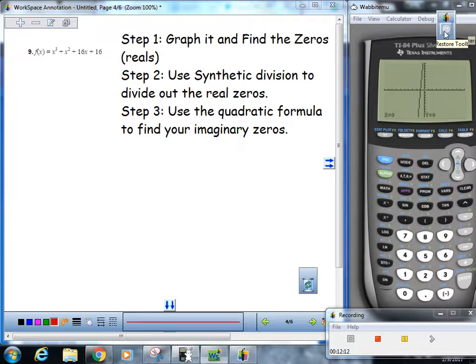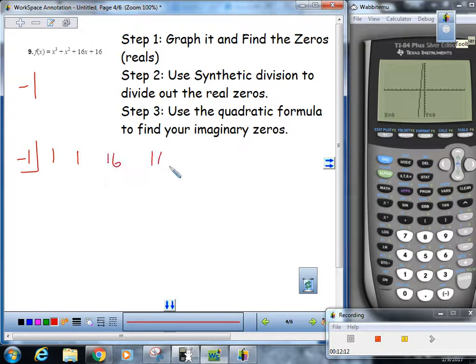So, we found our real zero is -1. Now we need to find our imaginary zeros. Put -1 here. Write down 1, 1, 16, 16.